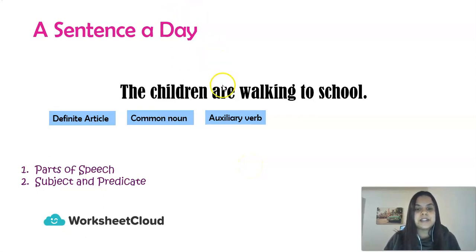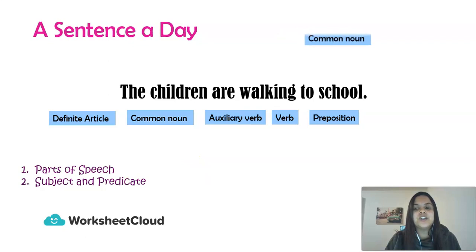So please see that the word are is an auxiliary verb, and then we have walking, which is the verb of the sentence, to, which is a preposition, not an infinitive, because remember, an infinitive is part of the verb, and then school is a common noun.